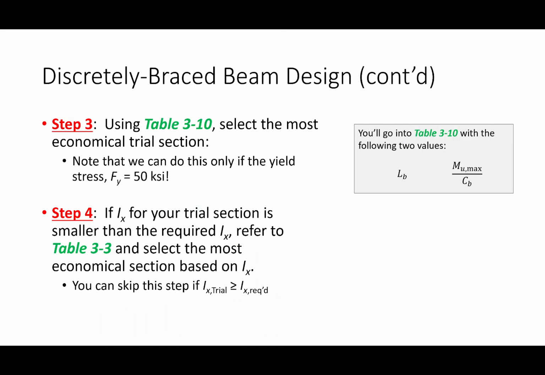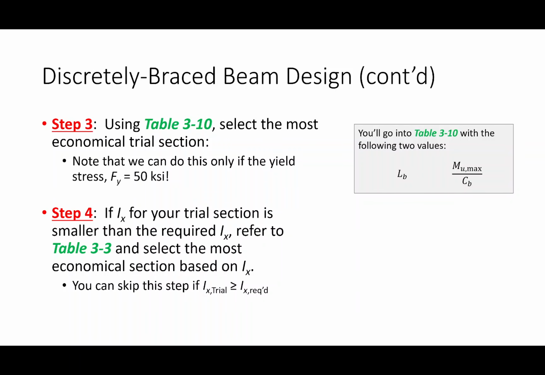We're going to have to incorporate that in our design philosophy as well. Okay, so now what we do is we go to table 3-10 and we select the most economical section. So those are the beam charts. We go into table 3-10 with this on the x-axis and this on the y. So we take MU and we divide out our CB term. Okay, and we get a trial shape.